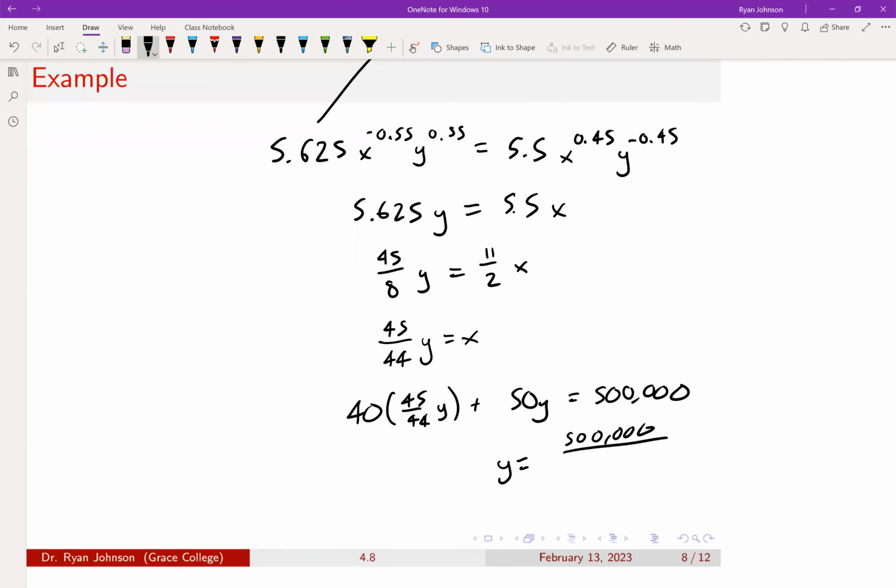So divided by 40 times 45 over 44 plus 50.